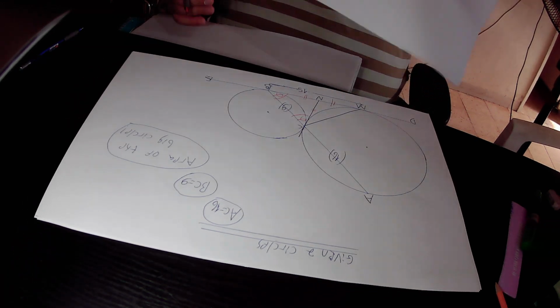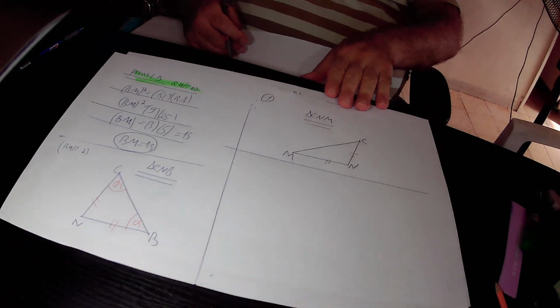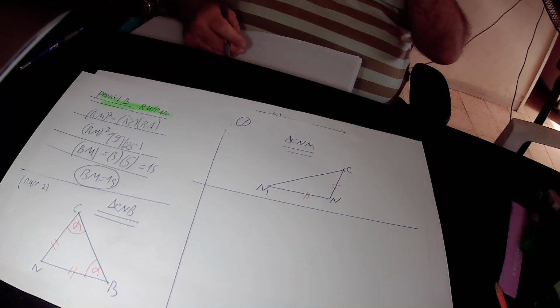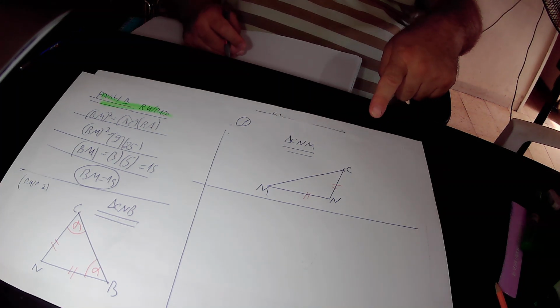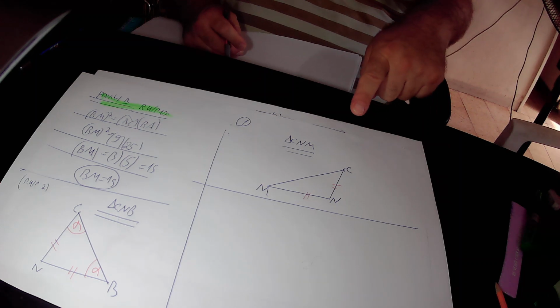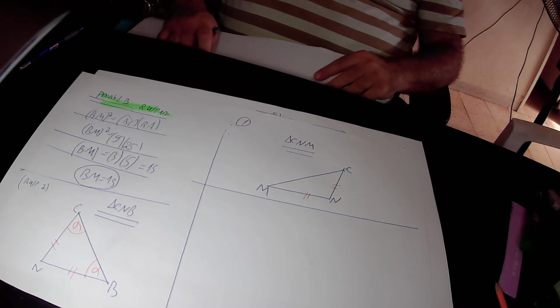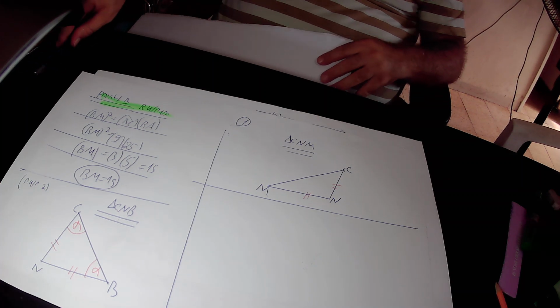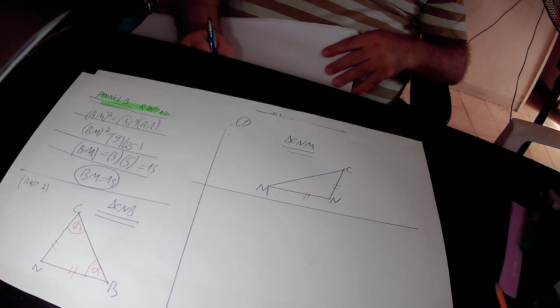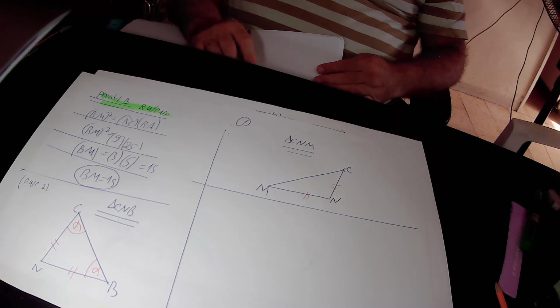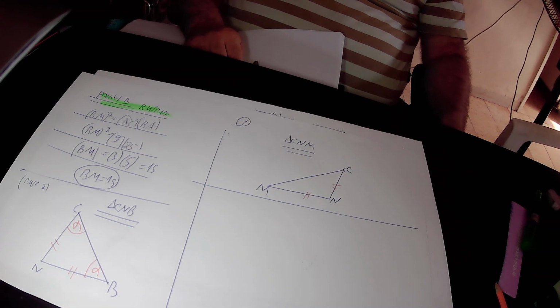So actually, this is triangle CMN that I copied from the original drawing. In this triangle CMN, side CN equals side MN according to rule 2. And according to the rule that I mentioned 2 minutes ago, in front of equal sides in the triangle there are equal angles.